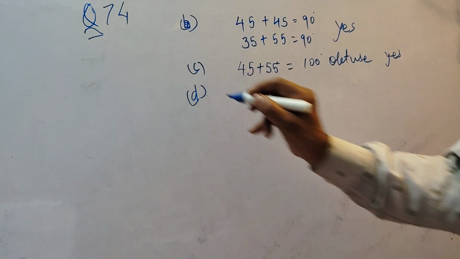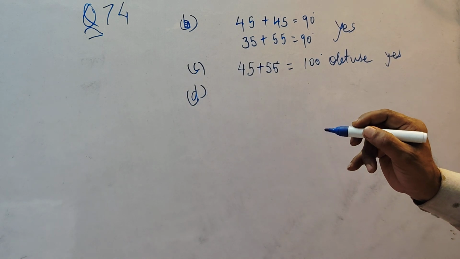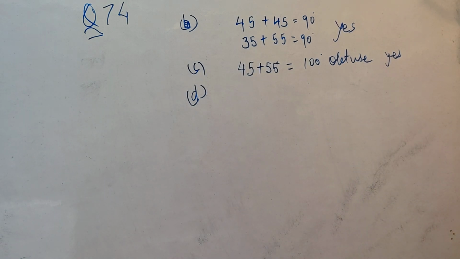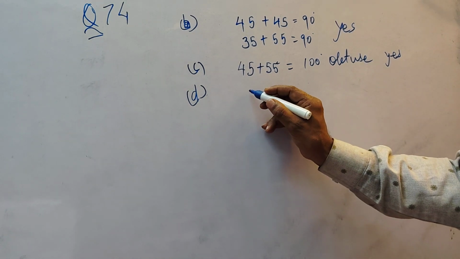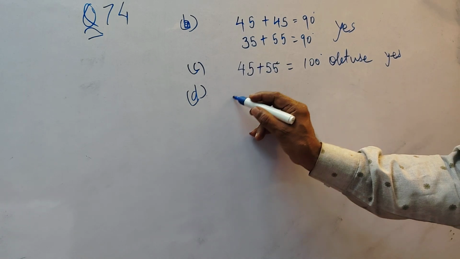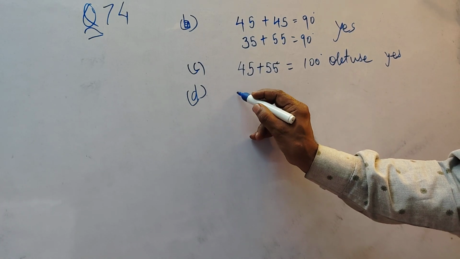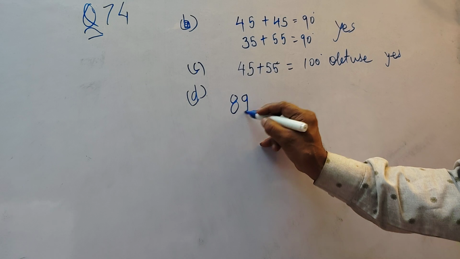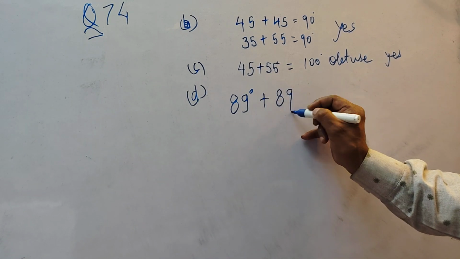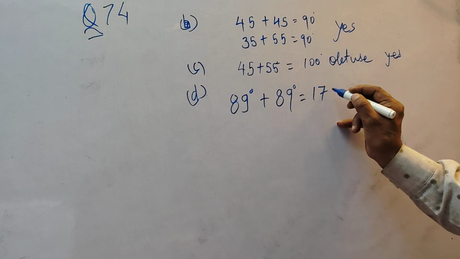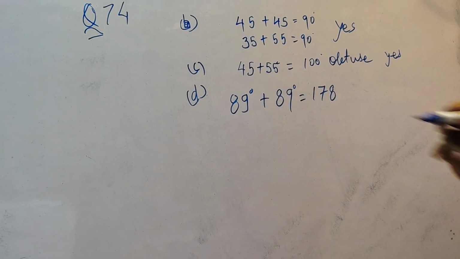Next, part D, a straight angle. Why or why not? Their sum cannot be a straight angle. In an acute angle, 89 degrees is the maximum possible. If we take two times 89, it becomes 178, so more than 178 degrees is not possible with two acute angles.